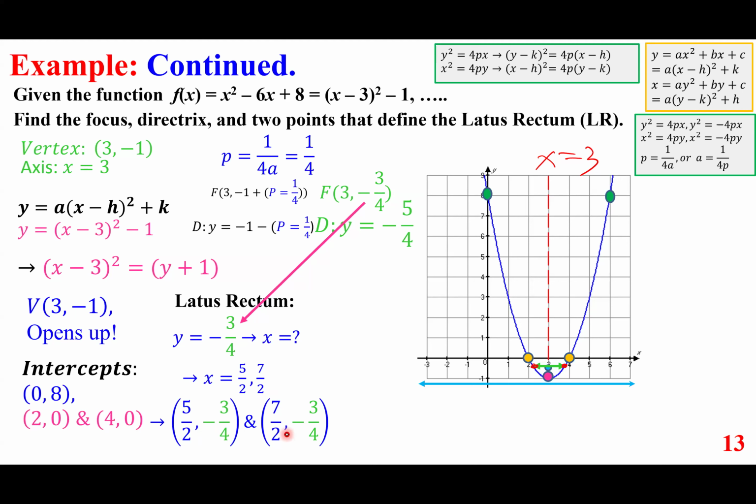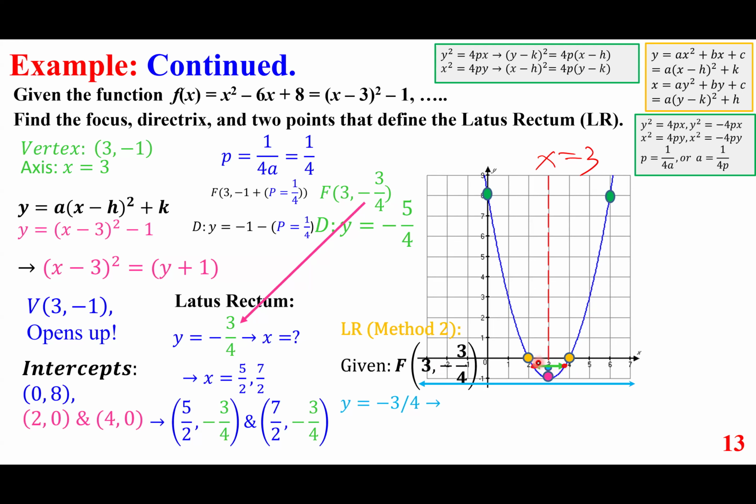Is there an easier way? There is another method. Here's the second method, everybody. We know the focal distance. We know the focus is located at 3 comma negative 3/4. We know the x coordinate for the focus is 3. So we are going to add and subtract 2p. Remember, p is 1/4.